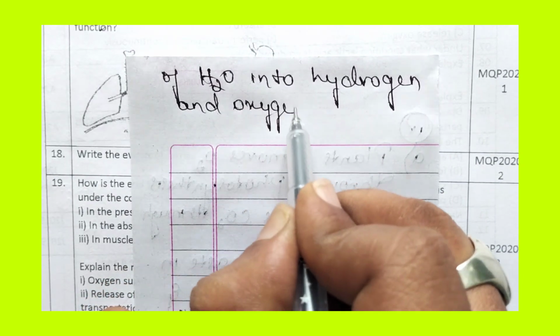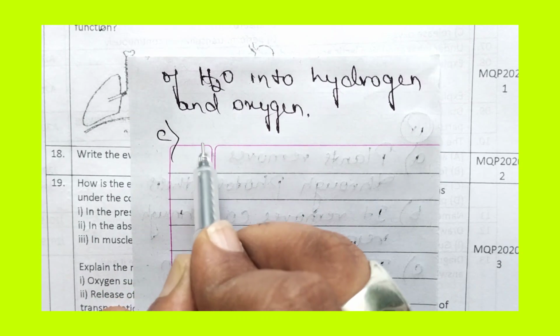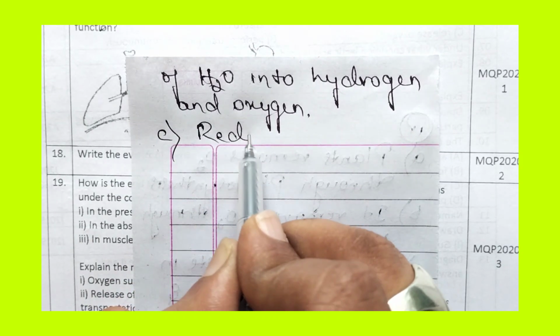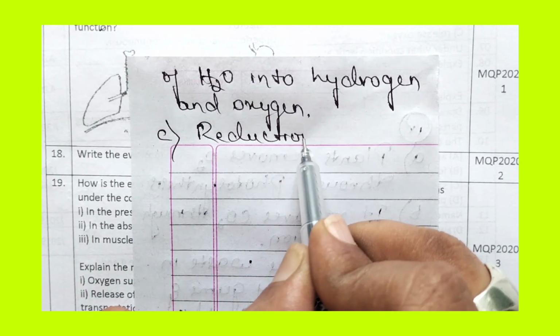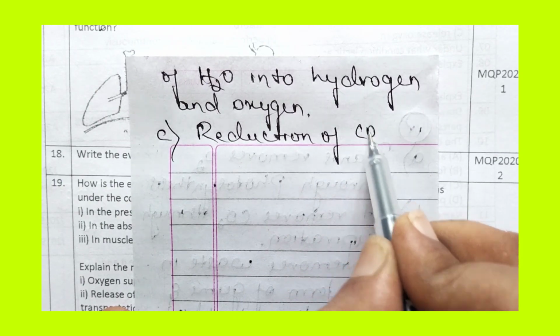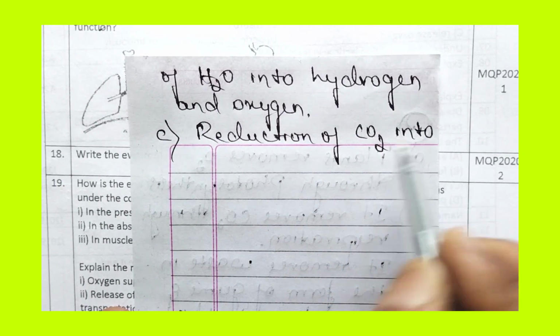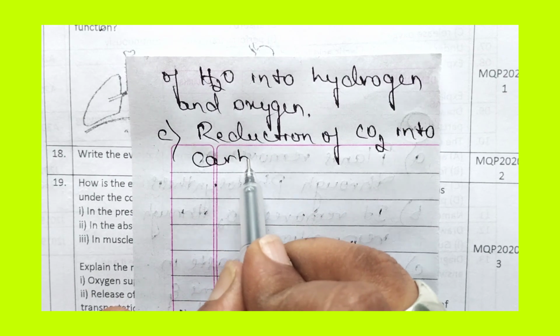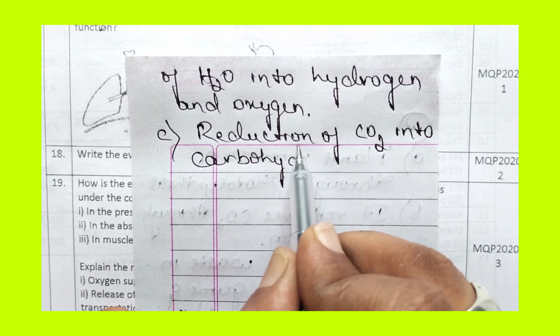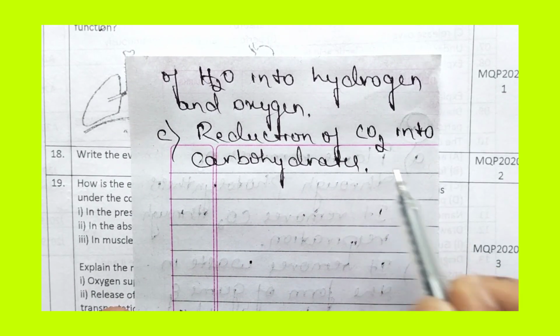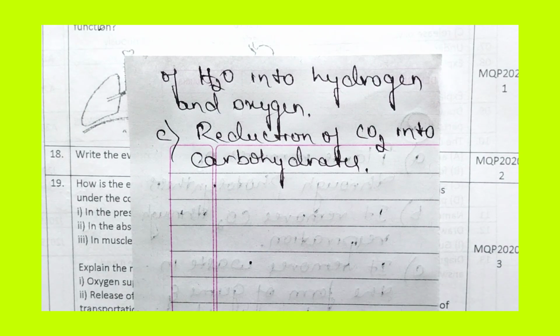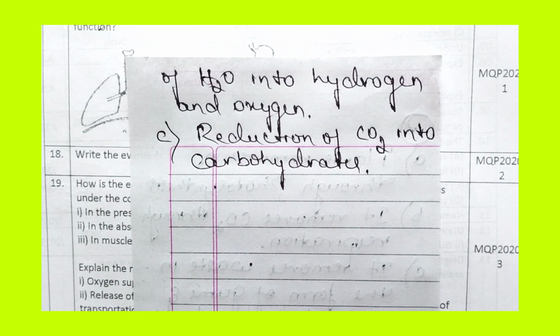This is the third event, and the last event is reduction of carbon dioxide into carbohydrates. So these are the three events that occur during photosynthesis.